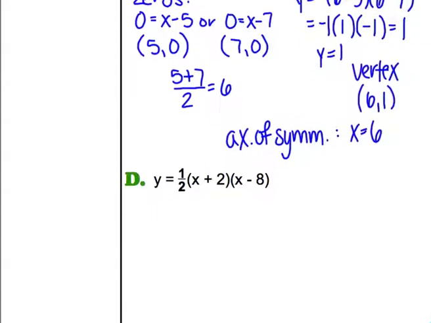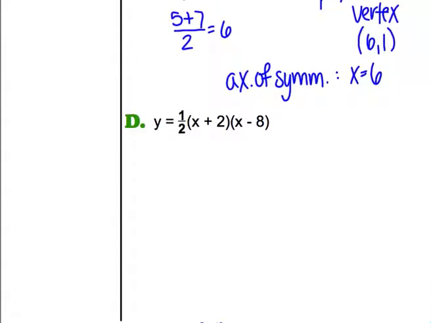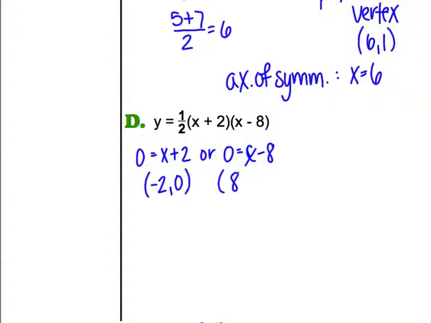Last example. y equals 1/2 times (x plus 2) times (x minus 8). So 0 equals x plus 2 or 0 equals x minus 8. x equals negative 2, so (negative 2, 0), and x equals 8, so (8, 0). Then we average them. Negative 2 plus 8 is 6, and 6 divided by 2 is 3.